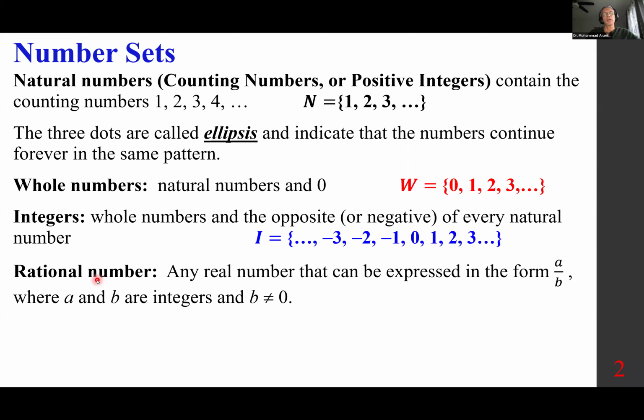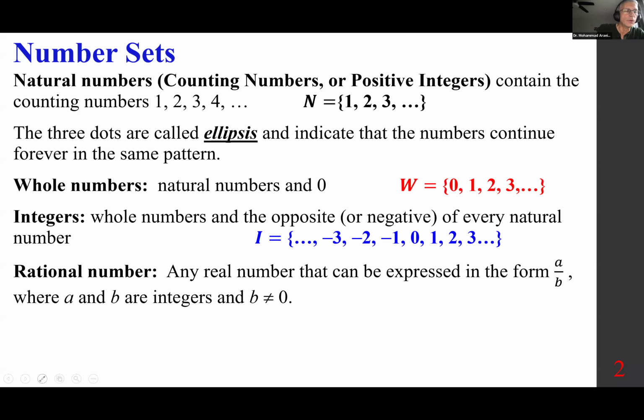Rational numbers. Any real number that can be expressed in the form of A over B, in the form of a fraction, where A and B are integers and B can't be 0. In other words, every number we have studied here are considered rational numbers because all you have to do is put a 1 underneath and it becomes a rational number.